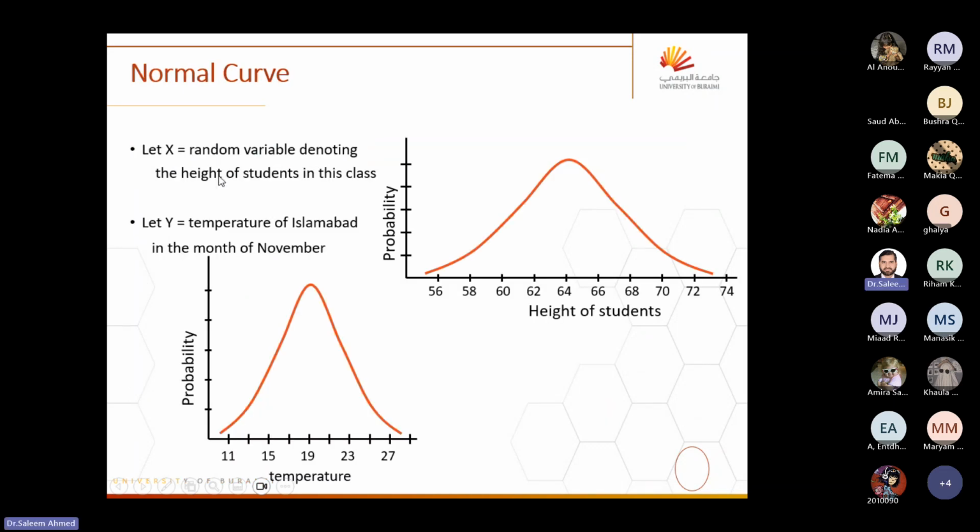Any function that has this shape is a normal curve. Any continuous variable whose PDF has this shape is called a normal distribution.